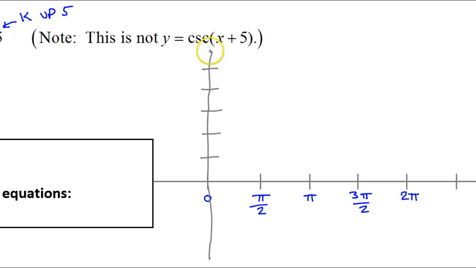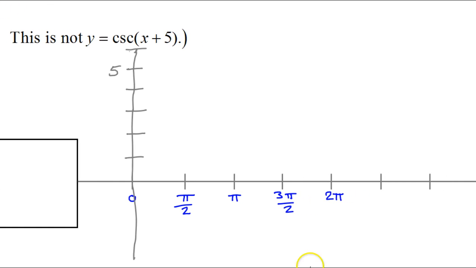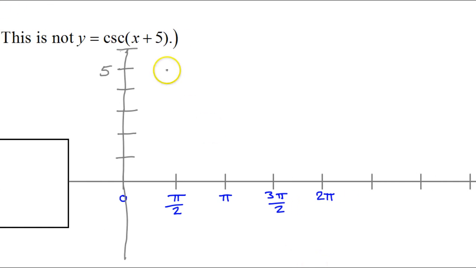And I'm going to go ahead up one more to 6 because of the amplitude. So this is 5 right here. Now this is going to be my new midline. So I'm just going to go ahead and put a dotted line right here representing my brand new midline.